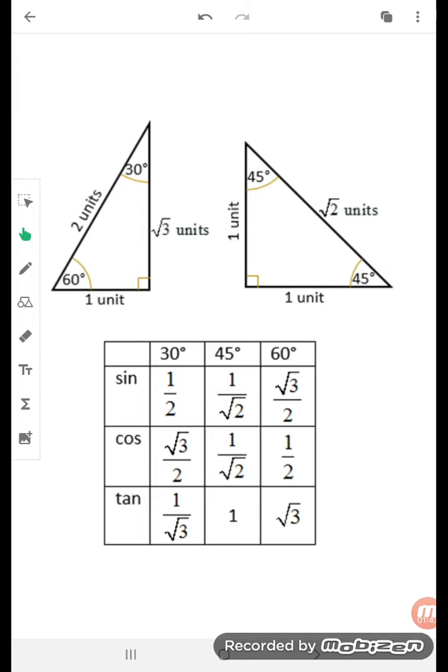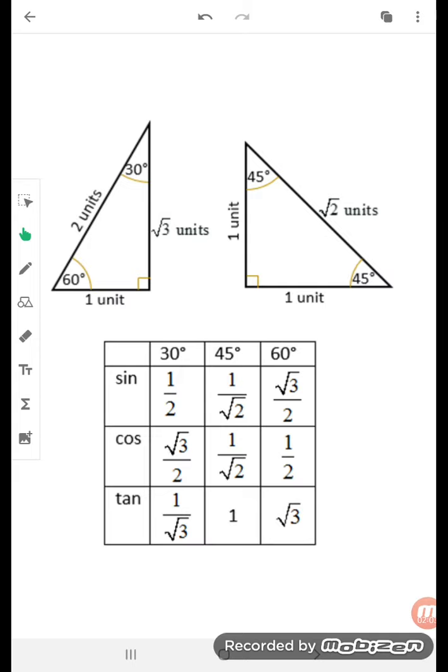So sine 45 equals 1 over square root 2, and the cosine 45 is 1 over square root 2, and the tan 45 equals 1 because tan equals sine divided by cosine.